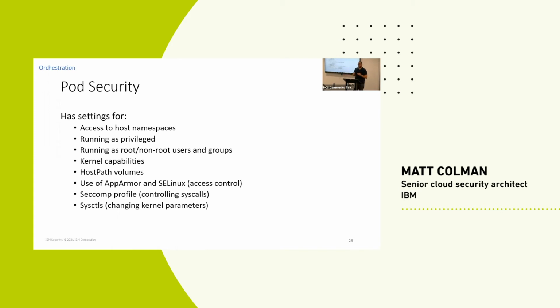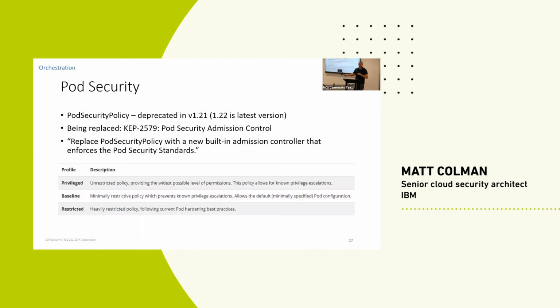What you might do is come along and say, I do want to run as root, and then that user doesn't have permission to deploy that container against a policy that says you can use root, so that will jump back. Not every user is going to be allowed to deploy something privileged. So that's that point of entry where you can say, no, you're not allowed it, but this is all done within Kubernetes.